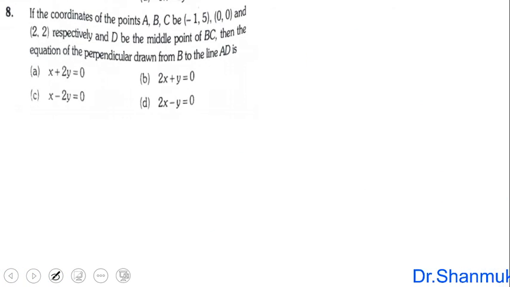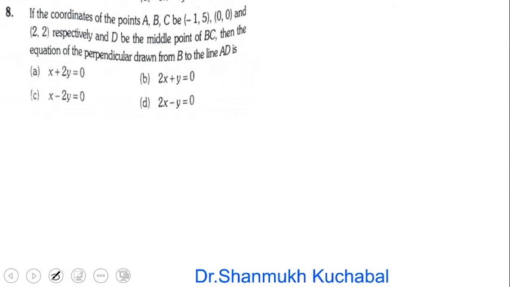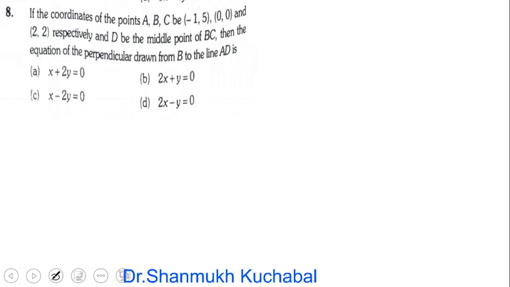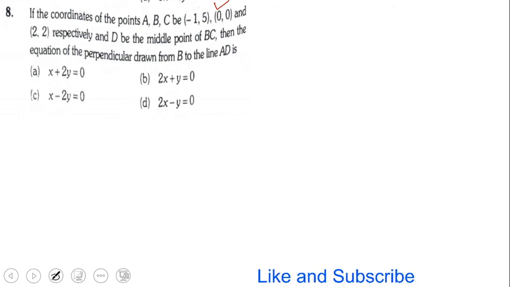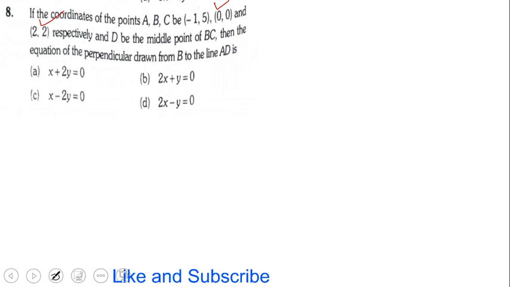Yes, the last question we will solve today. The question is: if the coordinates of points A, B, C are given, A is minus 1 comma 5, B is 0 comma 0, C is 2 comma 2 respectively, D is the midpoint of BC. Then the equation of the perpendicular drawn from B to the line AD is... Here you can see point B, and here it will be point D, C it is.